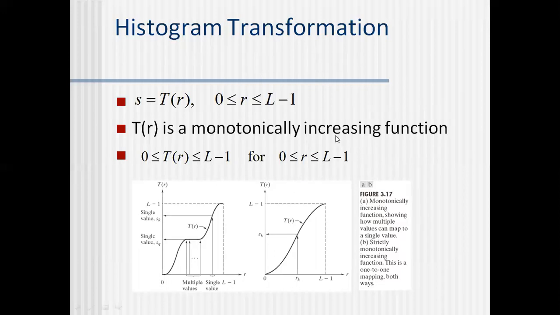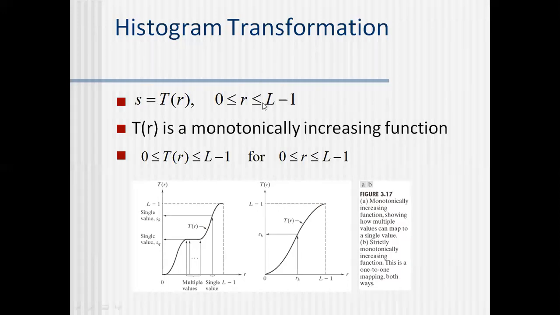Whatever the transformation, we need some input function and output function. So from input function to output function, we need a transformation function. So these three can be treated as S is equal to T of R, where R is input, S is output, and from input to output we use the transformation function.